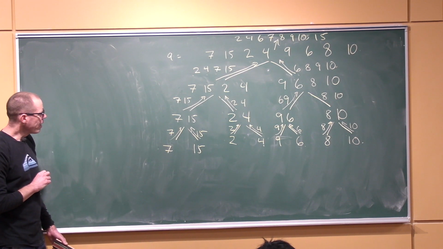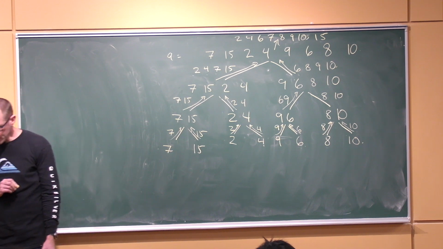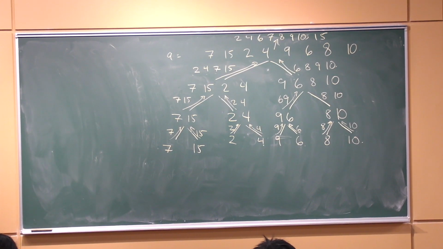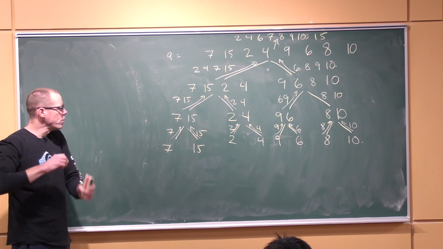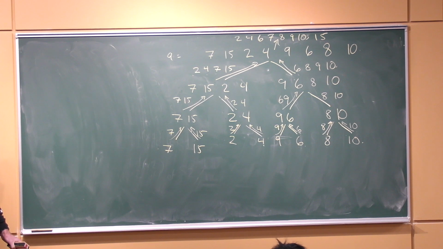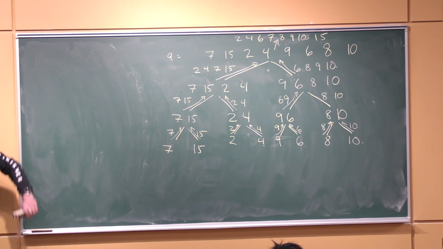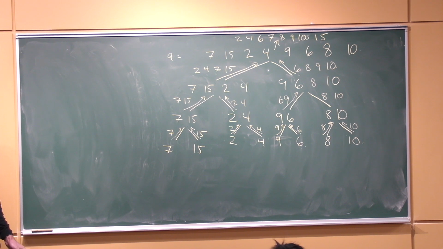In fact, if I ask you now, so MergeSort does some comparisons, right? In merge, it's always comparing things. So in this list here, what are the first two items that are compared? 7 and 15.